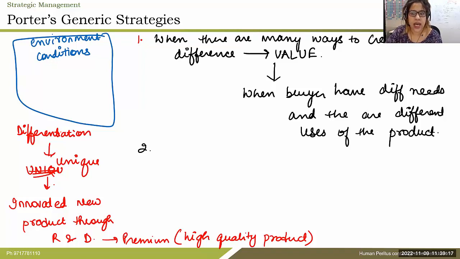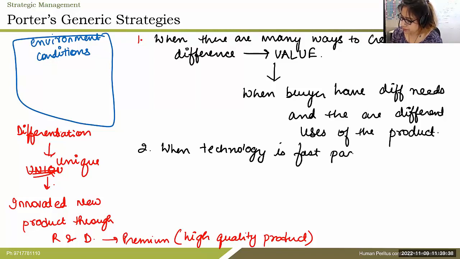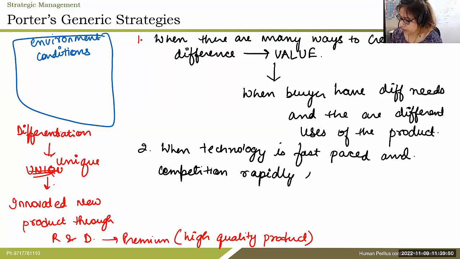When buyers have different needs and the product that we are making caters to all those different needs of the customer, we can use this strategy. Also, we can use differentiation when technology is fast paced and competition rapidly revolves around evolving new product features.